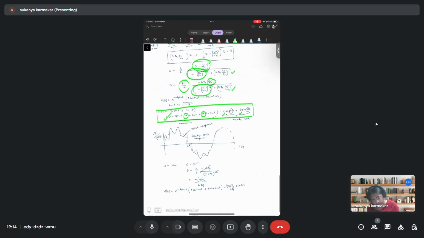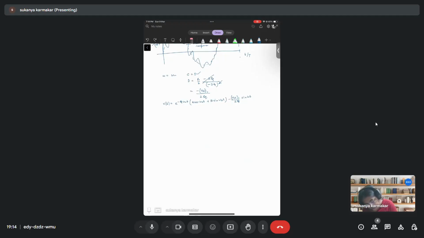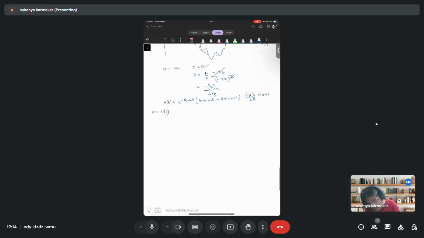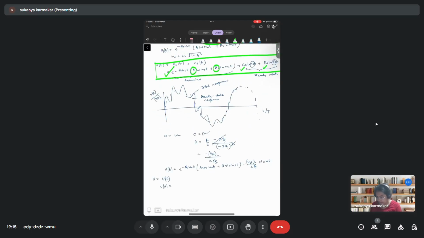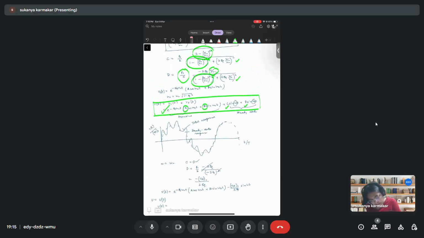Let at t equal to 0, let the velocity be u dot, let the displacement be u. So u0 is, okay, here is the problem.